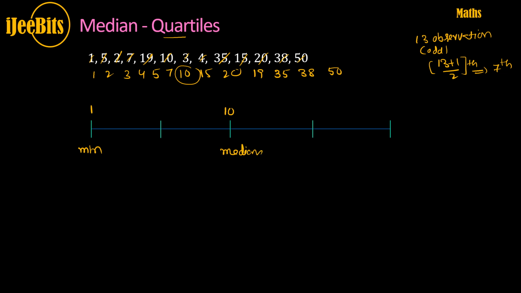Within the data set, this is the 50th percent. If you divide the data set into two parts, this is the 50 percent mark, right? So the data set is divided into two groups at this level, and then the max would be 50. Sometimes we can call it quartile 4.